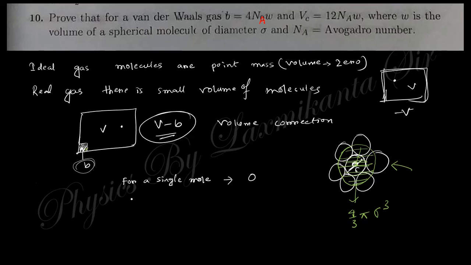For two molecules, when the second molecule is present, there is a single molecule which is the obstacle, so this is 4/3 pi sigma cubed, right? For three molecules, there is 2 into 4/3 pi sigma cubed. Clear? In a similar process, for Na molecules, the obstacle will be (Na minus 1) times 4/3 pi sigma cubed. This is the obstacle value b, right?